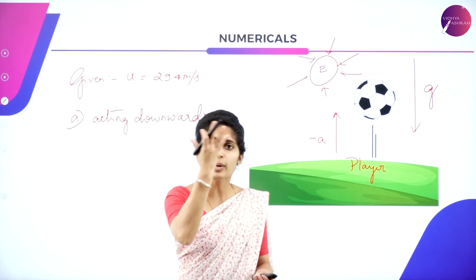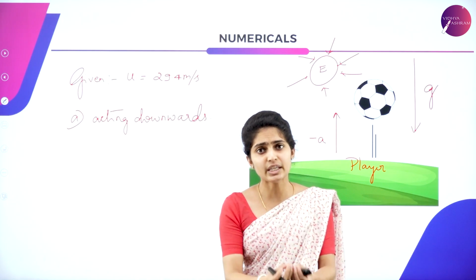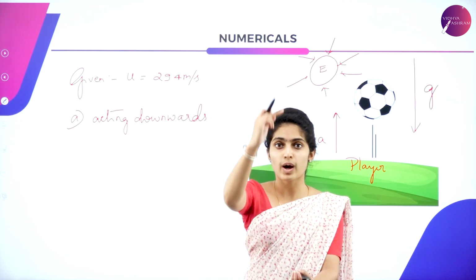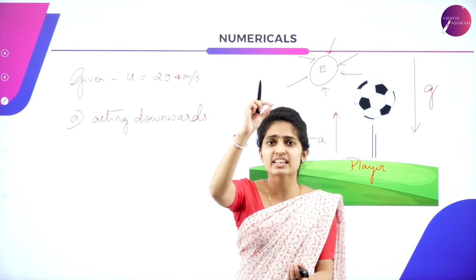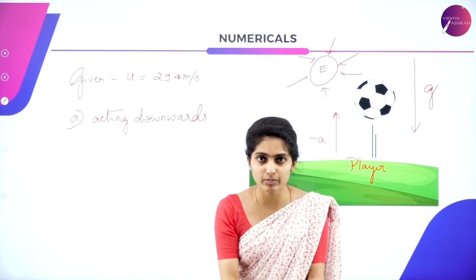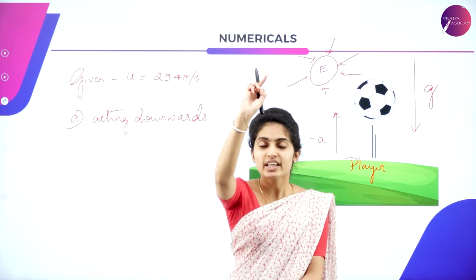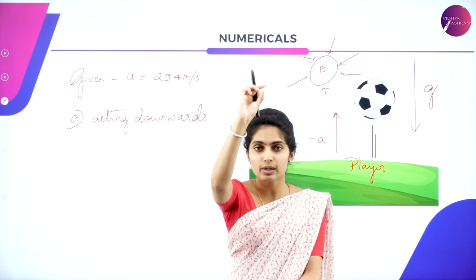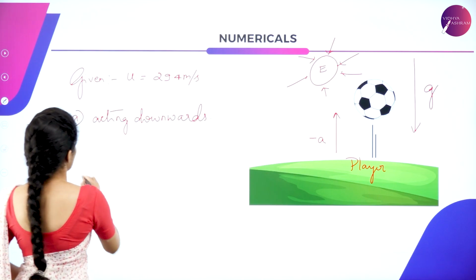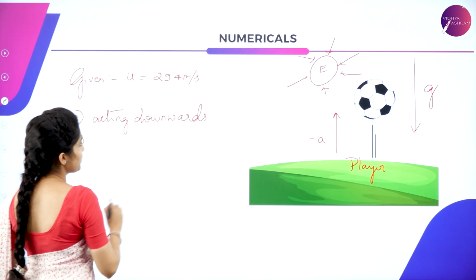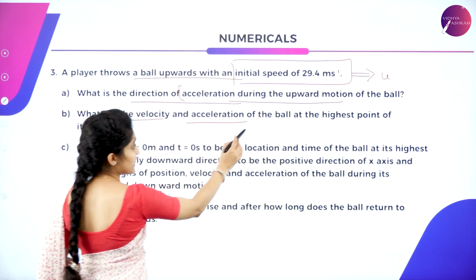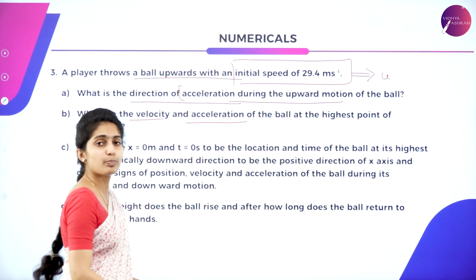So when you throw any ball or any object upwards, at the highest point, for a fraction of a second there is a pause and then it comes back. So option B says: velocity and acceleration of the ball at the highest point of its motion.